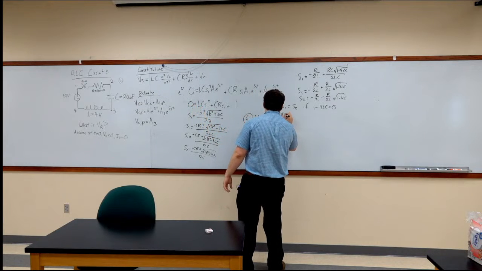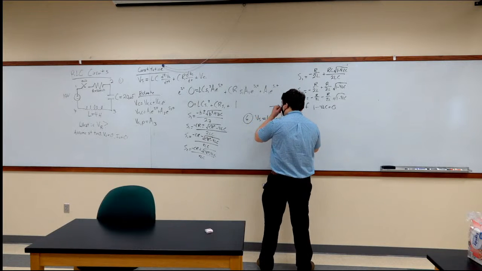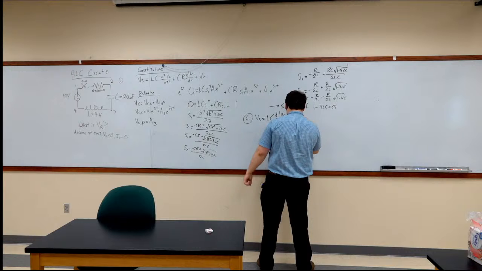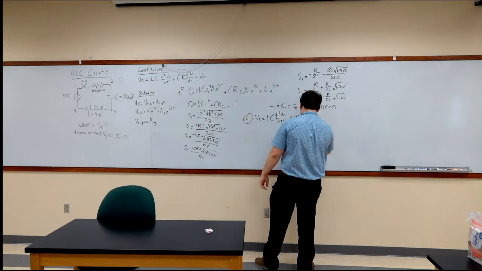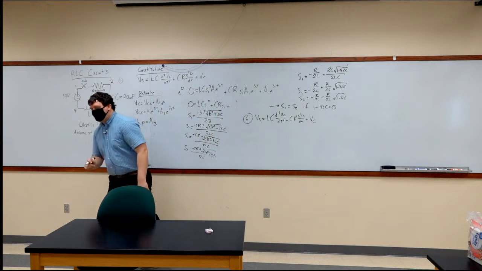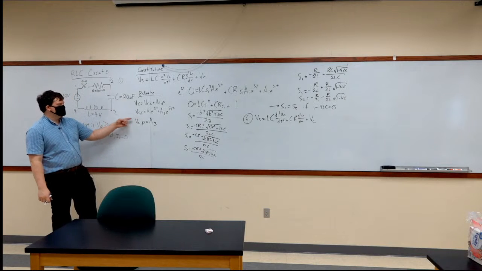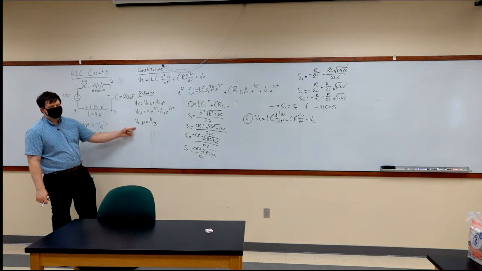LC d squared Vc over dt squared plus Cr dVc dt plus Vc. Now, since this is the non-homogeneous equation, and since we're solving for the particular solution, we're going to go ahead and plug in the particular solution, VCP.